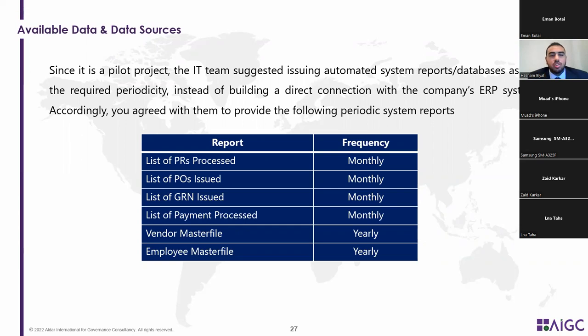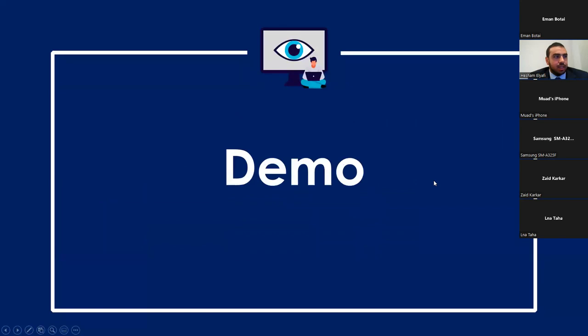You can use more sophisticated tools when it comes to exporting data from the system and building connections. But for this exercise, we were using extracted reports, so system generated reports. Therefore, the connection was much easier, but it can get more complicated depending on the system used.